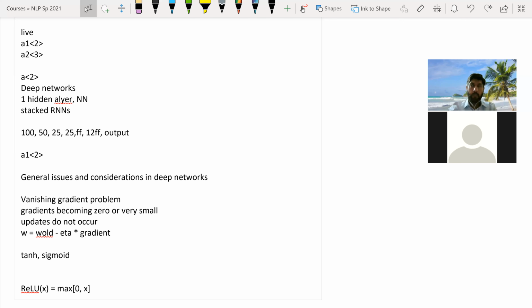Sometimes the values, the W's that we want to use, W old plus the update, will become very large, either on the positive side or on the negative side. And one of the reasons for them becoming very large is that the gradient does not become 0 or small for a long period of time. Okay?